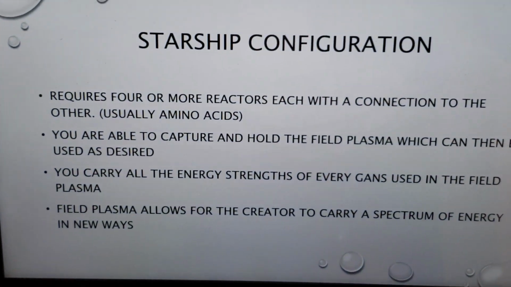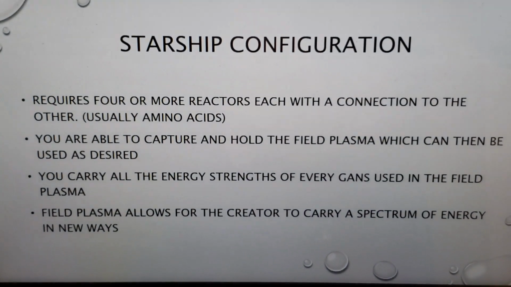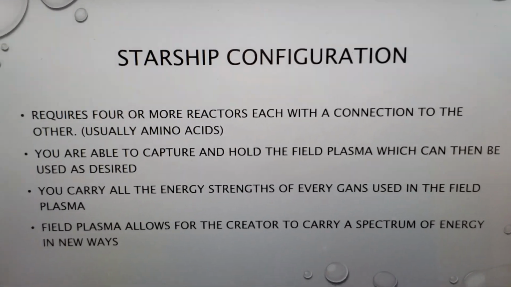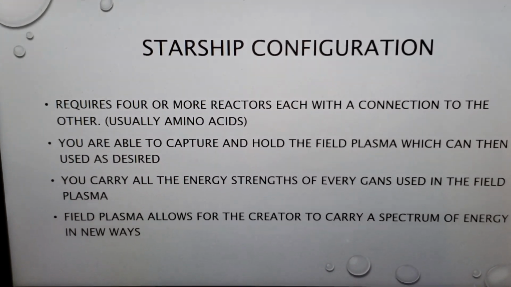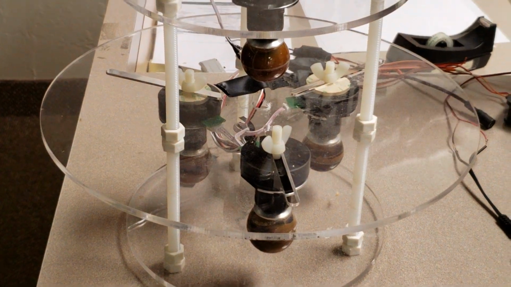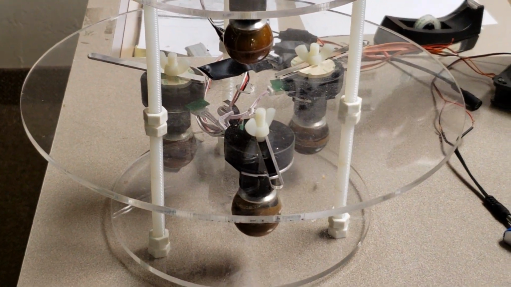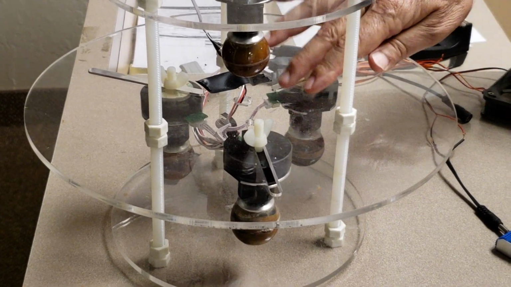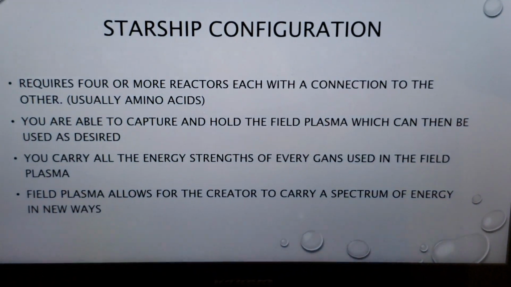You can carry all the energy strengths of every GaNs that's used in the field plasma. So if you have 4 different GaNs and 3 different balls in each of these, then all those energies are created in this center area. So it's not just one strength, it's multiple strengths.